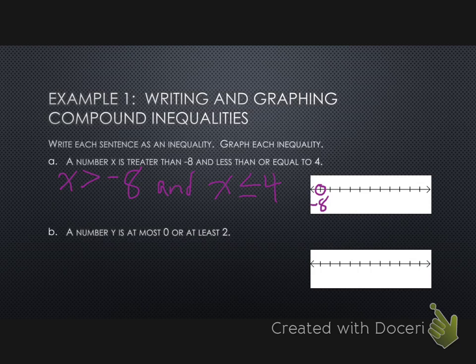Let's go by twos: 6, 4, 3, 2. There's 0. And right here's 4, and there we've got a solid circle. So we're going greater than -8, which would be going this way, and less than or equal to 4, which would be going this way. So it's just going to be these right here.